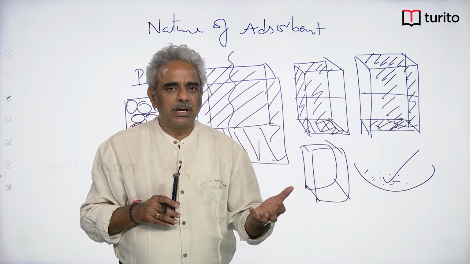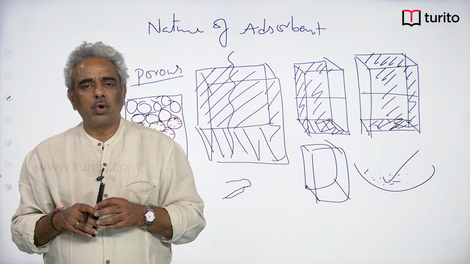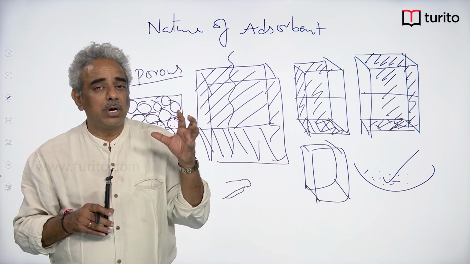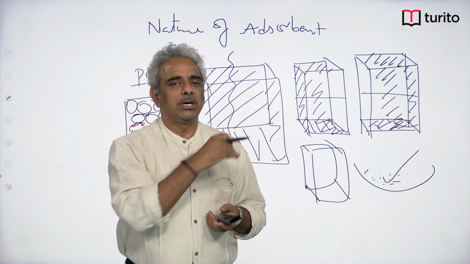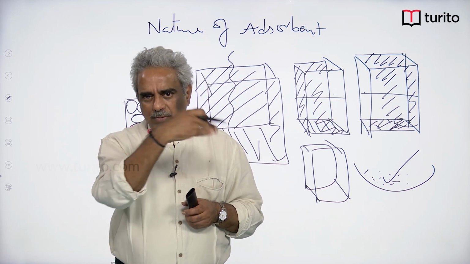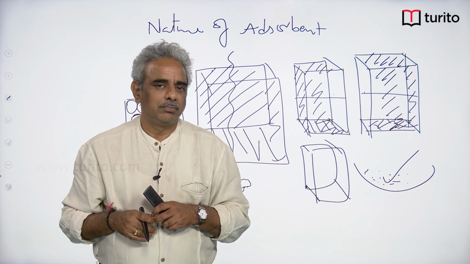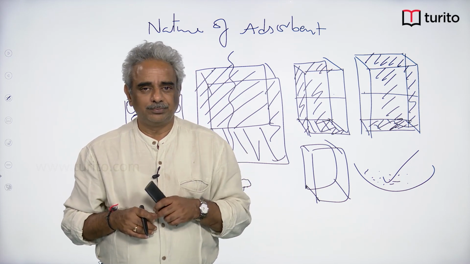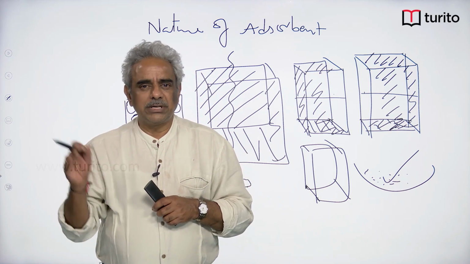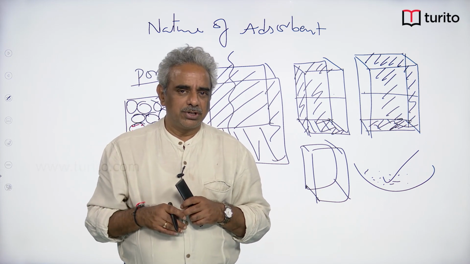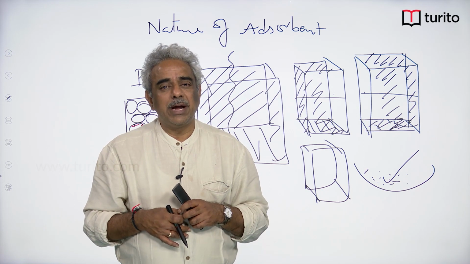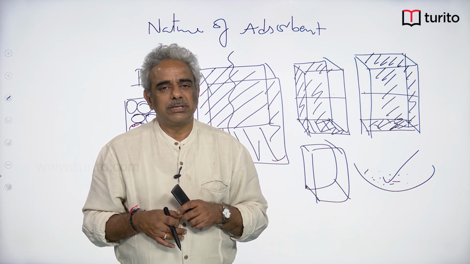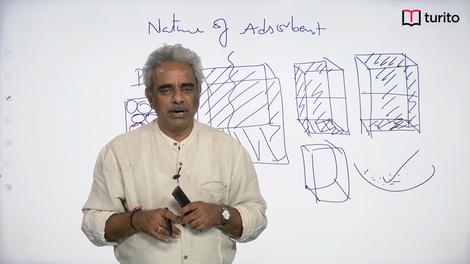In Dewar's method he used only coconut charcoal, activated coconut charcoal, on which the inert gases can be differentiated, preferentially adsorbed at different temperatures, based on their critical temperatures. And of course, the selected adsorbent is very porous and activated.